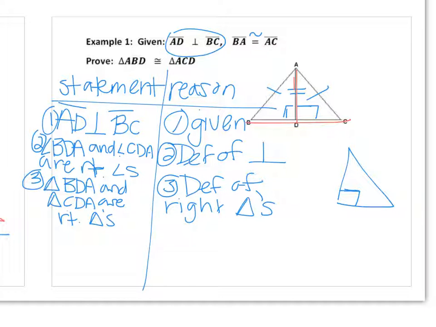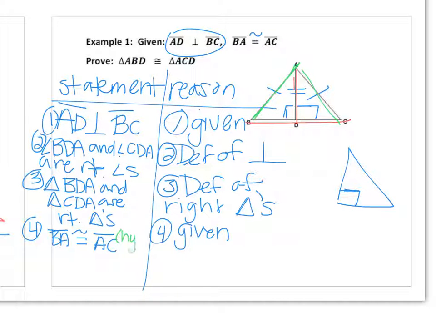So now that I've said they were right triangles, let's write down our next given. BA is congruent to AC, given. What have we not put in our proof yet? We have right angles, we have right triangles, that's needed. We have a set of sides. Look at BA. Where is BA? Isn't BA the longest side? And same with AC. So these are my hypotenuses.